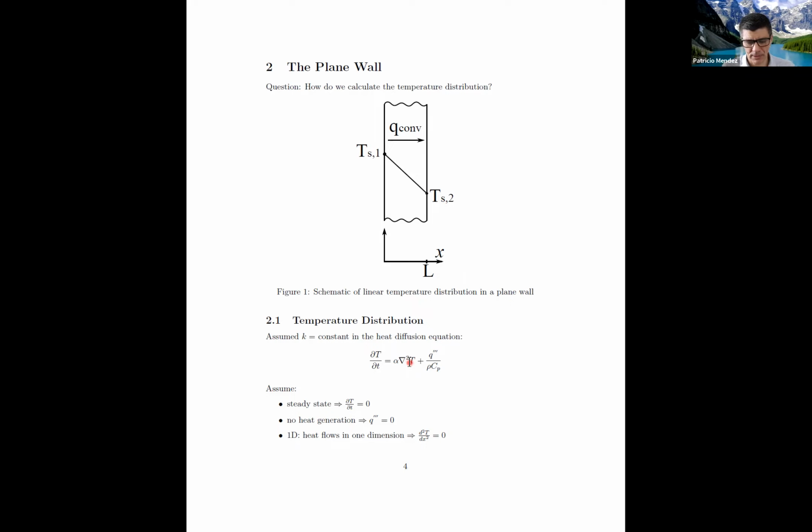So if we pick X as the coordinate going across the wall, Y and Z don't matter anymore. And it's a 1D problem. And the problem is all captured by this equation, that the second derivative of temperature in space is 0.